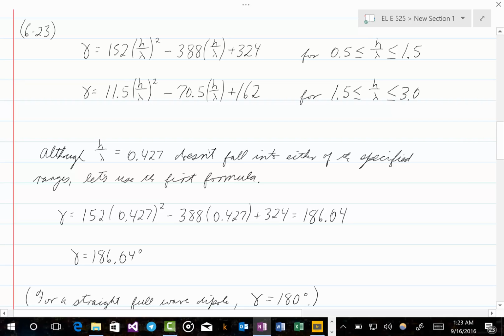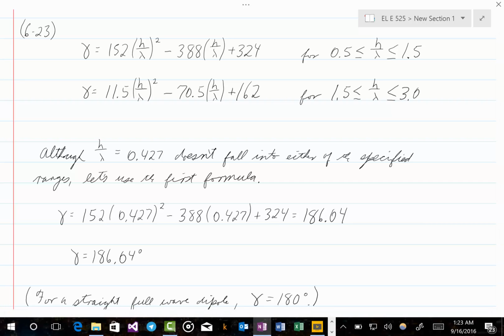So we conclude from this calculation that gamma is 186.04 degrees. Well, for the straight wire full wave dipole, of course, since it's straight, gamma, the opening, would be 180 degrees. So this formula is really giving us quite an accurate answer for gamma.